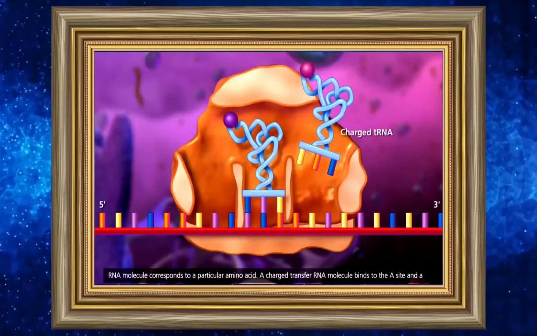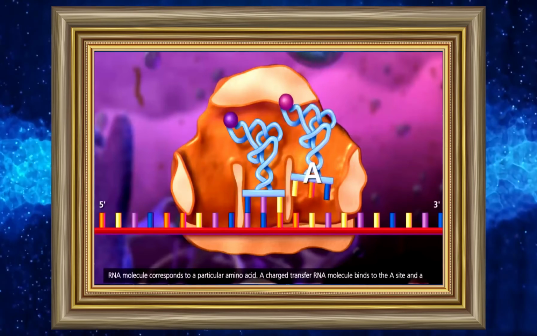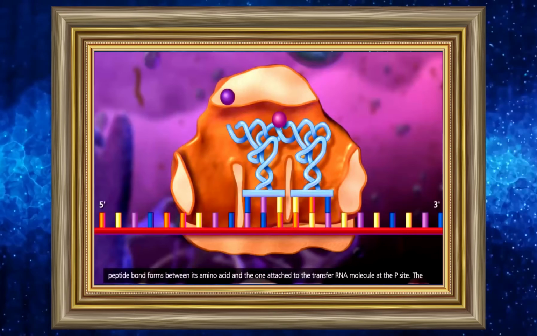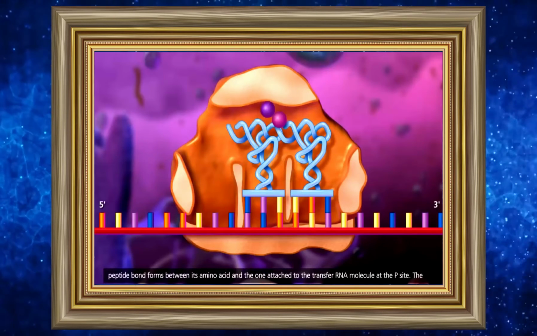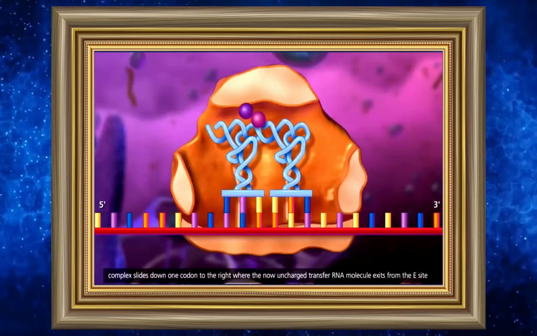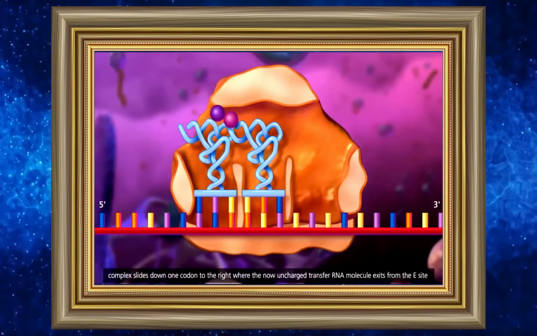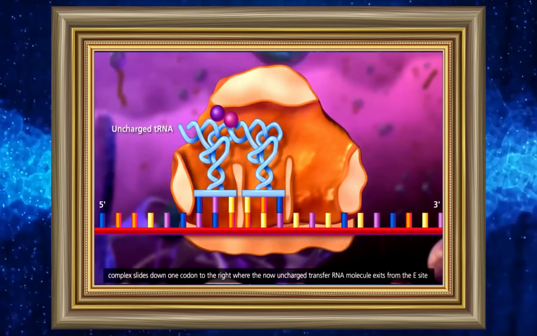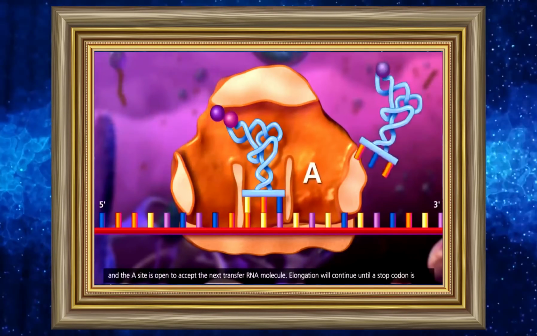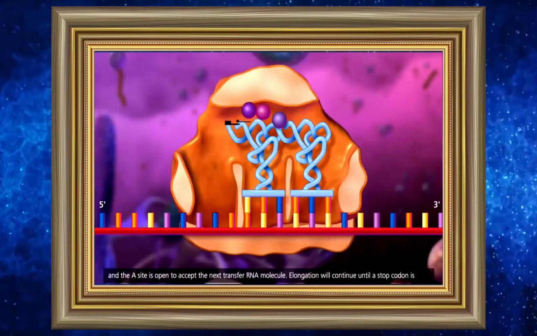A charged transfer RNA molecule binds to the A site, and a peptide bond forms between its amino acid and the one attached to the transfer RNA molecule at the P site. The complex slides down one codon to the right, where the now uncharged transfer RNA molecule exits from the E site, and the A site is open to accept the next transfer RNA molecule.